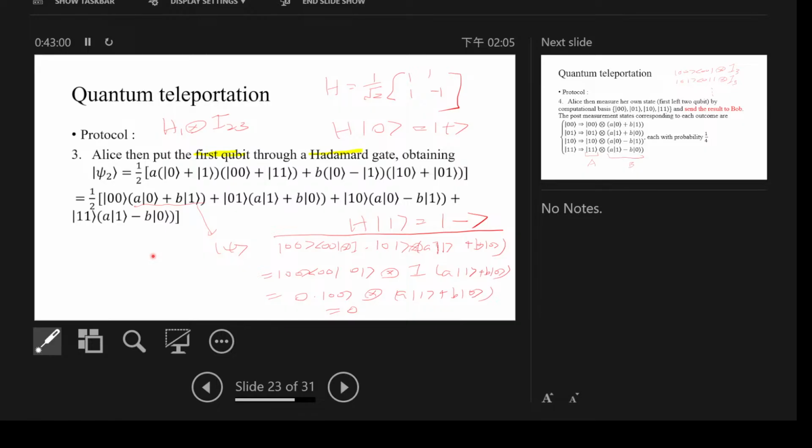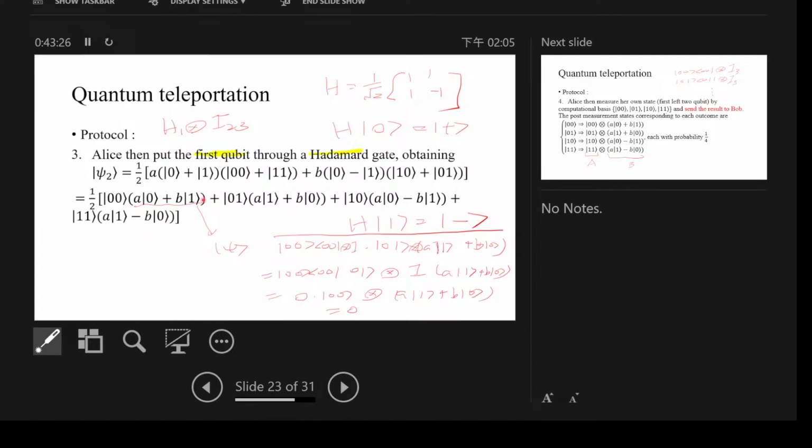Okay. So this writes down the end result. And from here we can kind of see what we want to do. Because you see that if the first 2 qubits are 0, 0, then this A0 plus B1 is exactly the unknown state we want to send. So if Alice happens to have 0, 0 on her part, then we are very lucky.